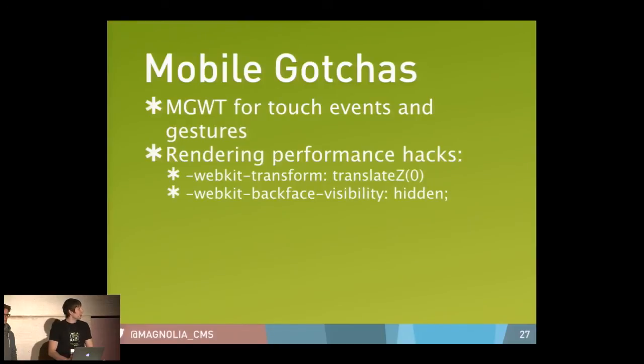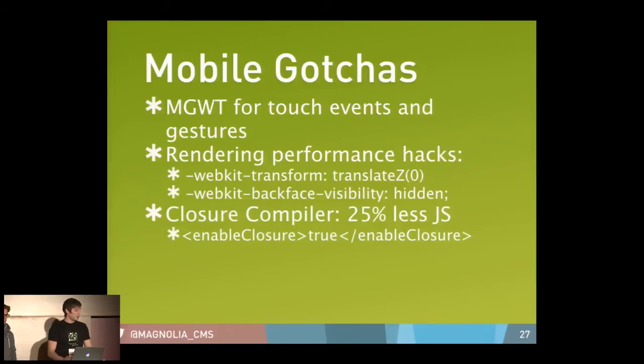We use standard CSS trickery to force heavy parts to be painted in a separate layer in the browser, just to increase rendering performance, also especially on touch devices. And what we found really a lifesaver at some point was the closure compiler, which was integrated with GWT 2.5, and it instantly reduced the compiled JavaScript size by a huge amount of kilobytes.